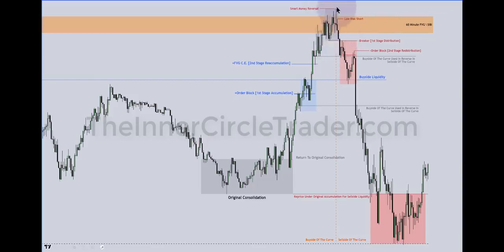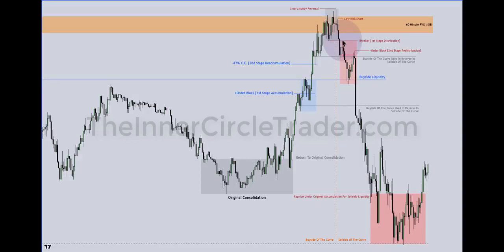High, low, higher high, body staying inside of the PD array on the 60-minute. So it's indicating everything is there for this to start dropping, basically. That low is taken out right there. What does it create? Fair value gap between this candle's low, that candle's high. That could be a trade in itself, but this is a breaker. So how far is it going to go back up into it? Right there. So your bearish breaker, that is your first stage distribution.